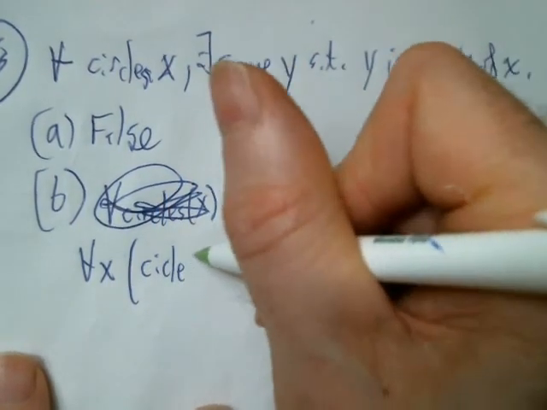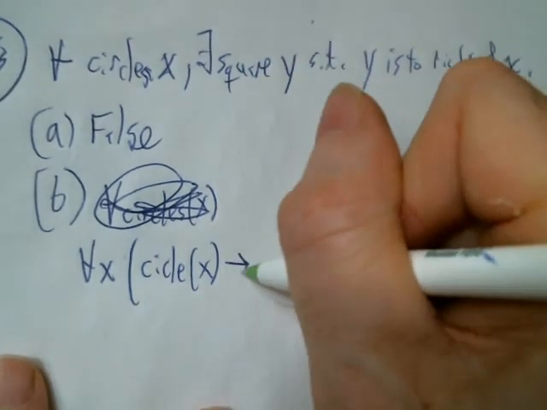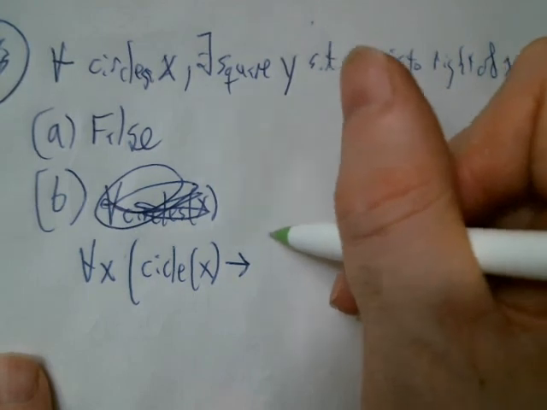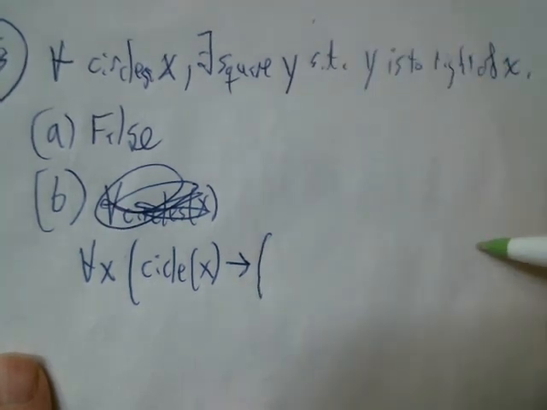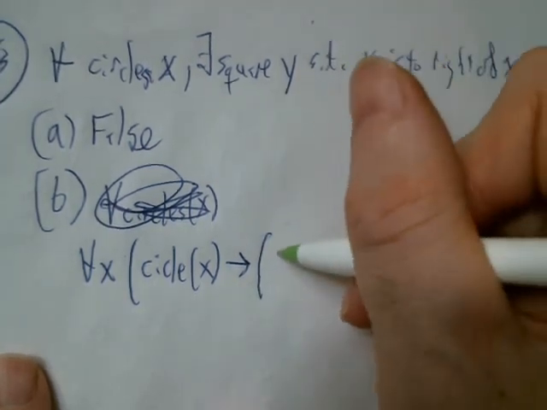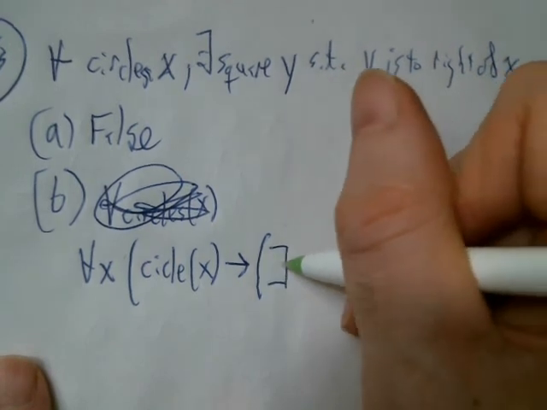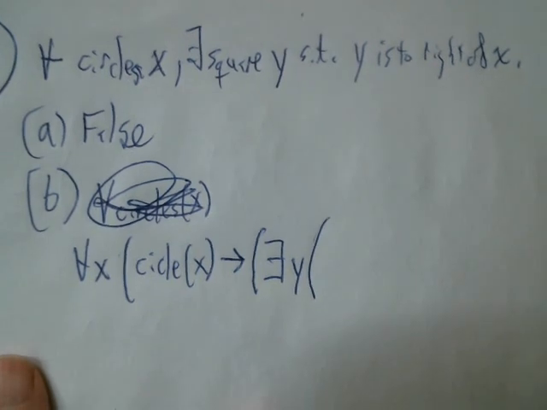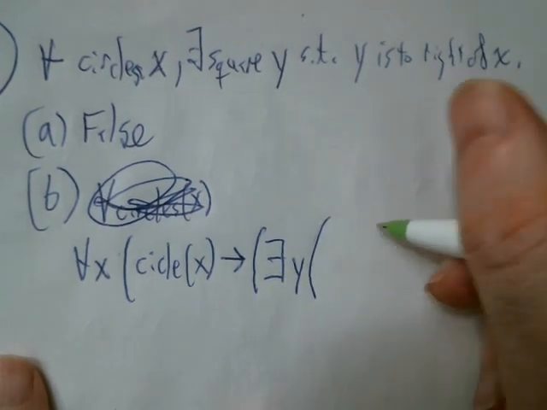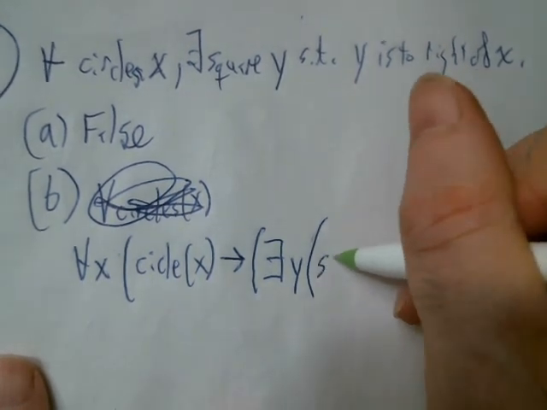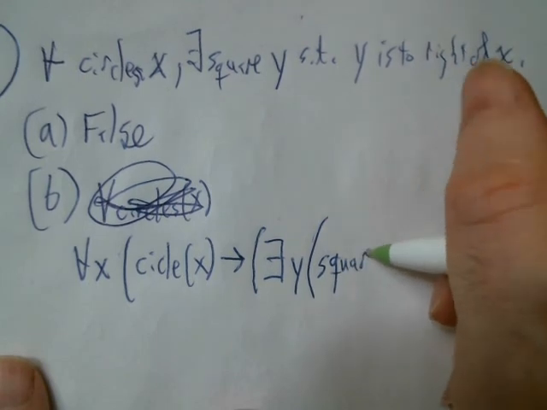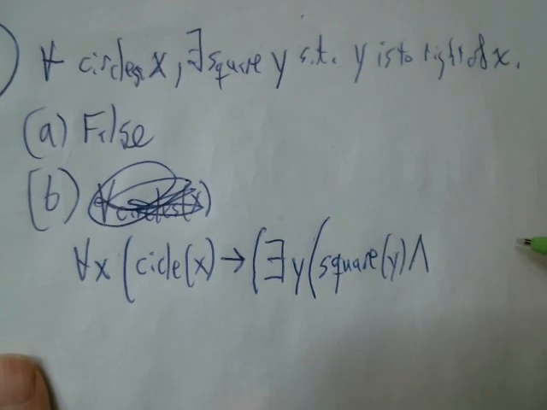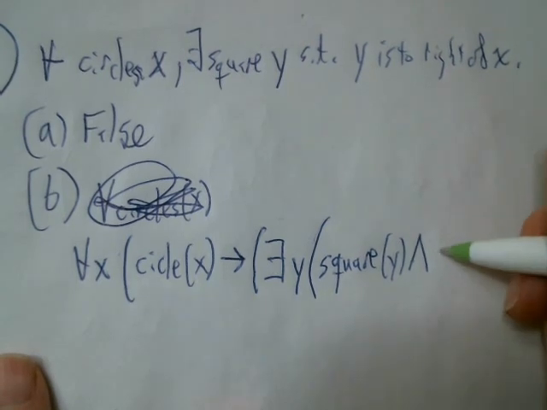If object x is a circle, then, and we put our existential here in parentheses to mark off where it is, there exists some object y such that, and then we put a conjunction, y is a square, and y is to the right of x.